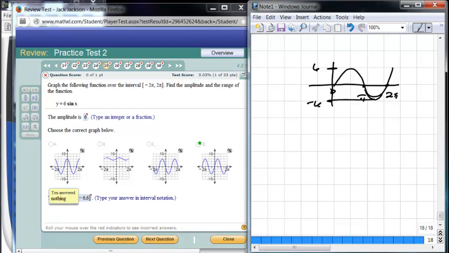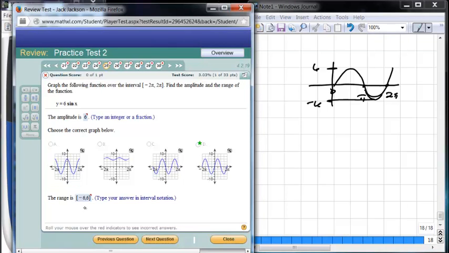This one looks like a cosine that's been shifted, stretched. This one's a sine that's been shifted up. This one has a minus in front, so it looks like a minus 6 sine of x because it's been flipped upside down. This is going the right direction here, and it does go to 6 there, in the right place, and the range is negative 6 to 6.